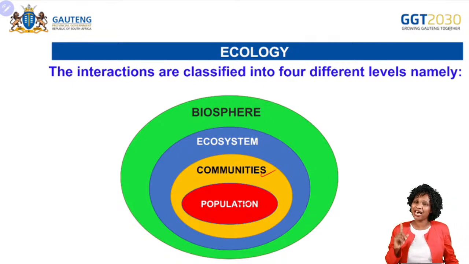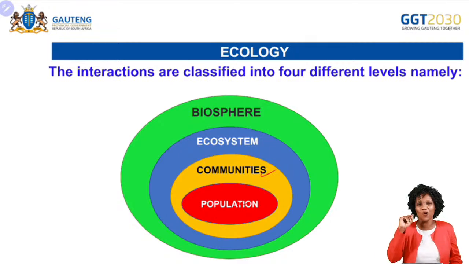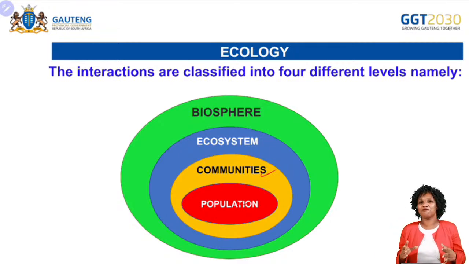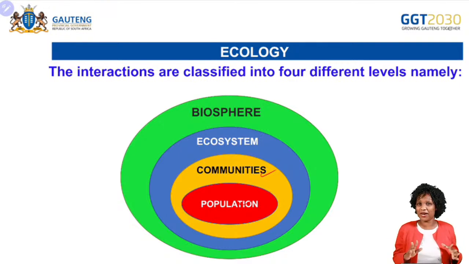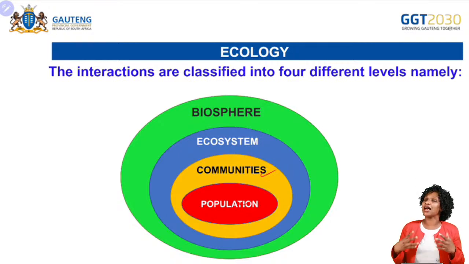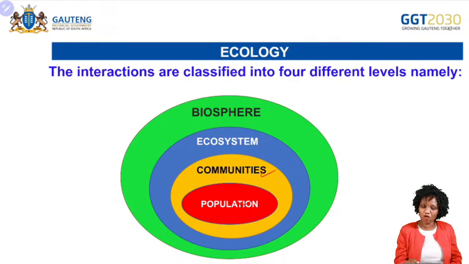Carnivores are those animals that feed on other animals. Some of them hunt for their prey, like the lions, the leopards, they hunt for their prey. And then some of them are scavengers. They look for dead animals and feed on them. Okay, all these are carnivores. All right, and then we've got ecosystem.